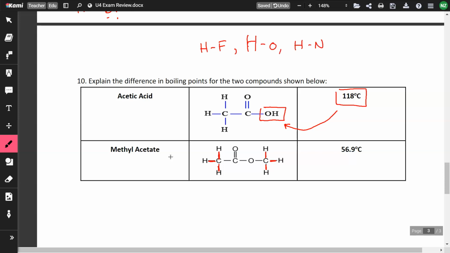It's not one of those three. So acetic acid is going to have a larger boiling point because it's the only one with hydrogen bonding. Methyl acetate is just dipole-dipole. Or that's the dominant intermolecular force.